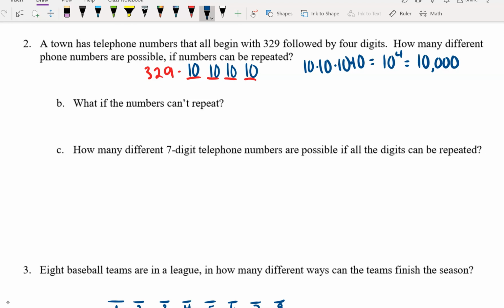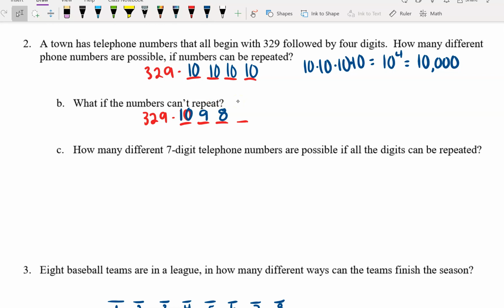All right, if the digits cannot be repeated, so the next part, 329, and we don't know the other 4, there's going to be 10 options for the first one. But if you're not allowed to repeat whatever number goes there in that first digit, then there are now only 9 options left. And then if you're not allowed to repeat those 2, there are now only 8 options left.